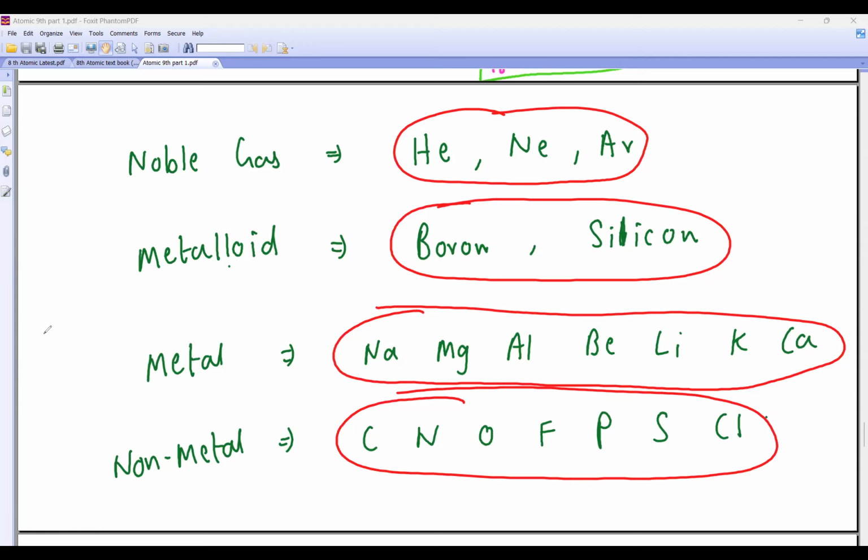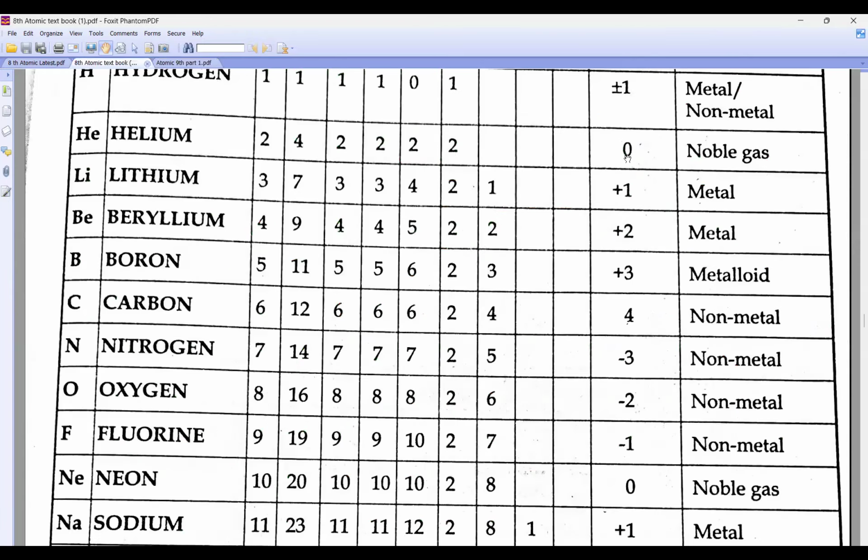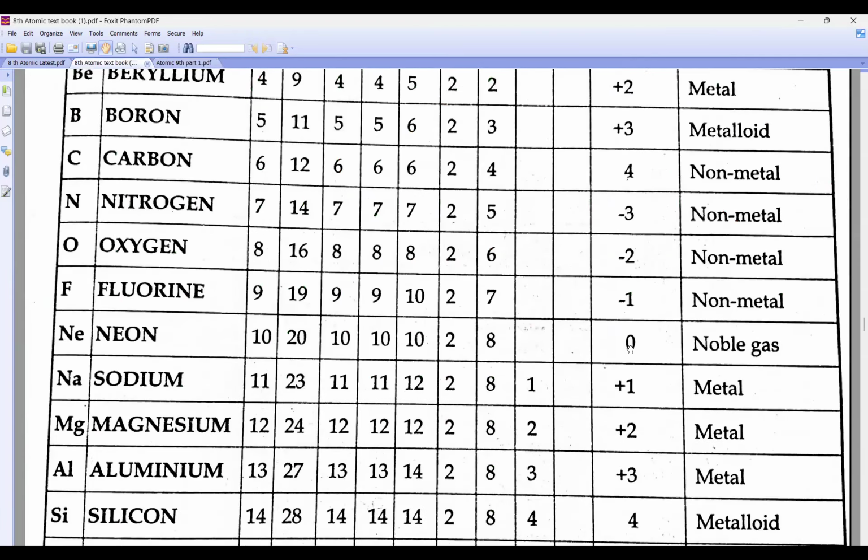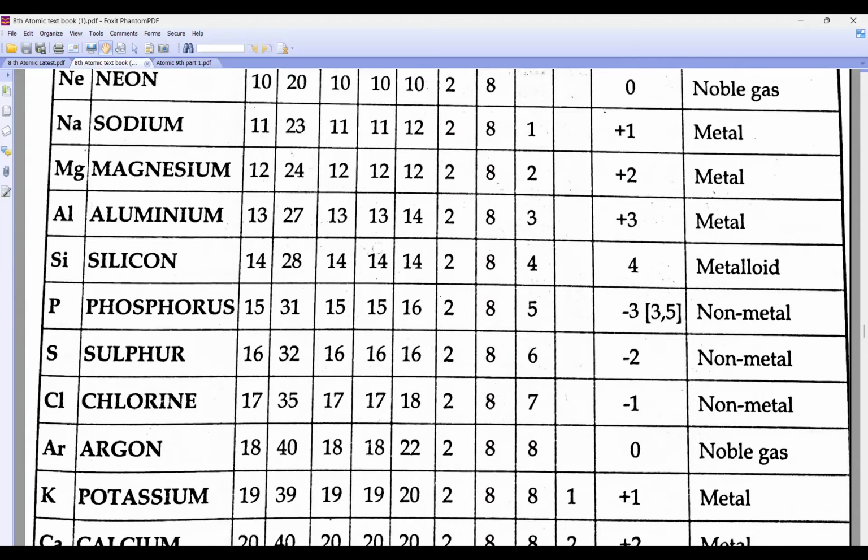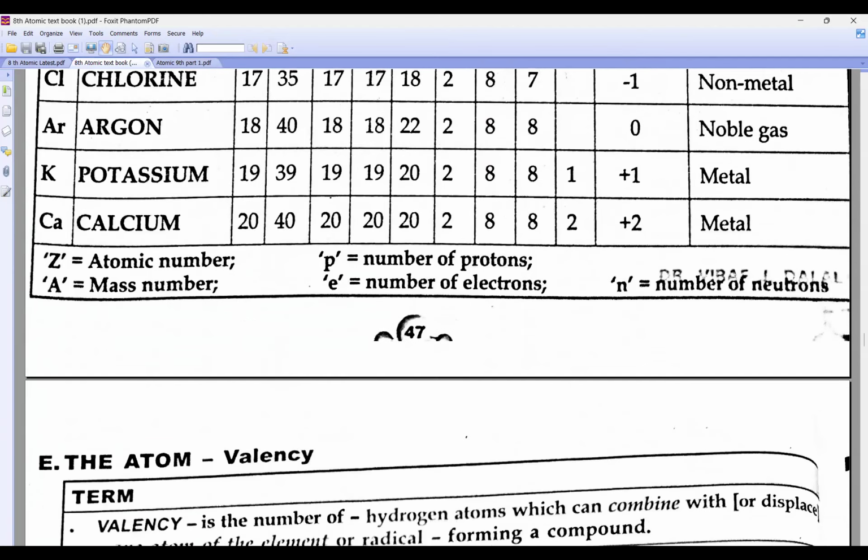Have you understood why they have this valency? Look, noble gas has 0 valency because they are already stable. Noble gases have 0 valency, right? Yes, sir.